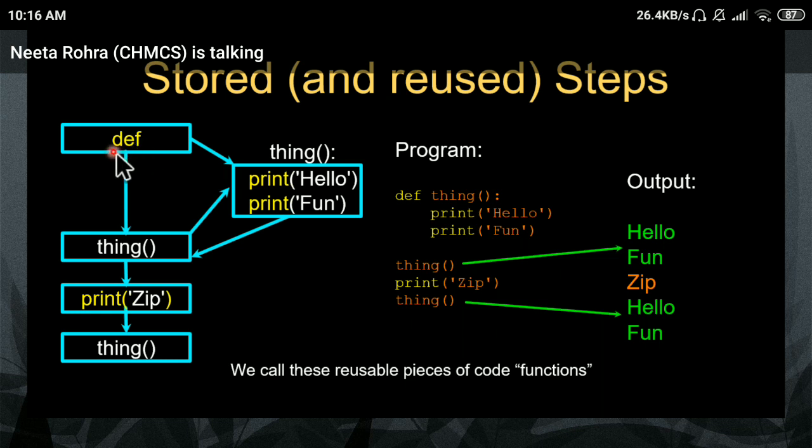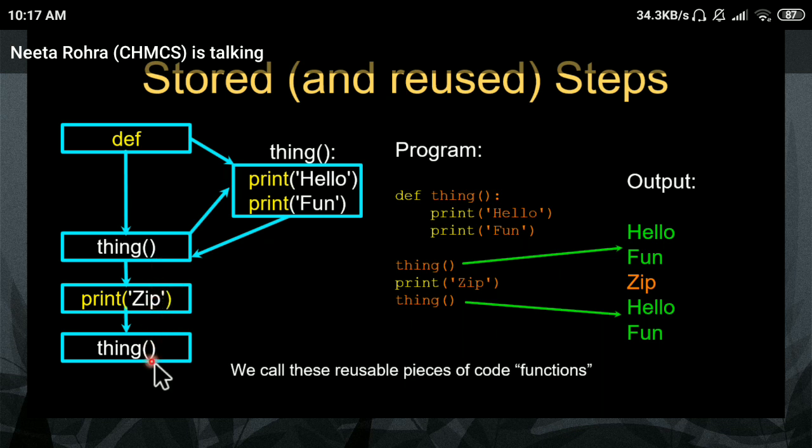So definition has been read. The definition stores your function, the block of that function. When it is called, check the control is to and fro. When the function is called, the control goes to the body of the function. Once the body of the function completes its execution, it comes back to the same place from where it was being called.